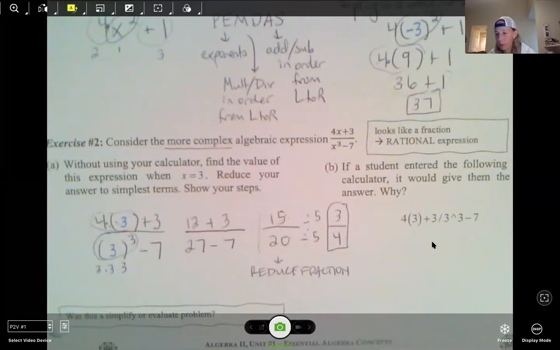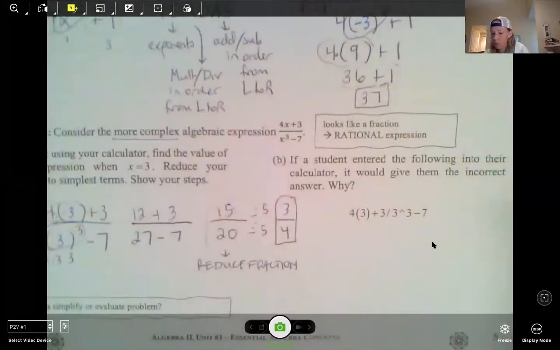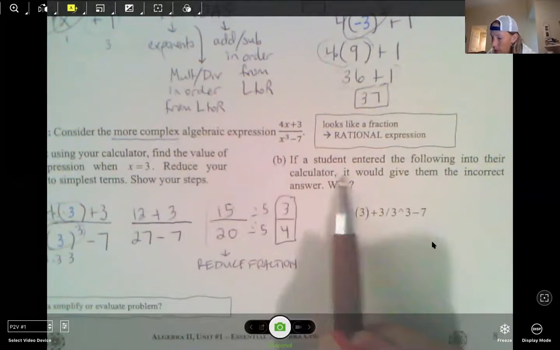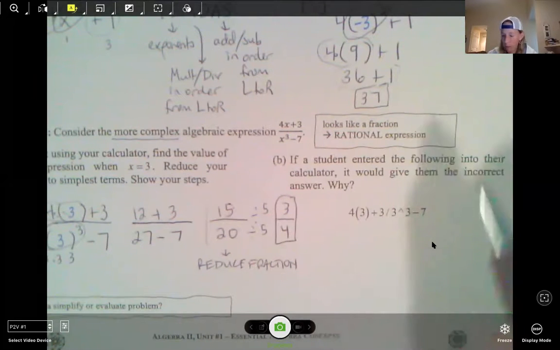All right. Let's just look at this last problem real quick. In this last one, this is more like a critiquing situation. It says, if a student entered the following into their calculator, it would give them the incorrect answer. Why? Well, here's the deal.